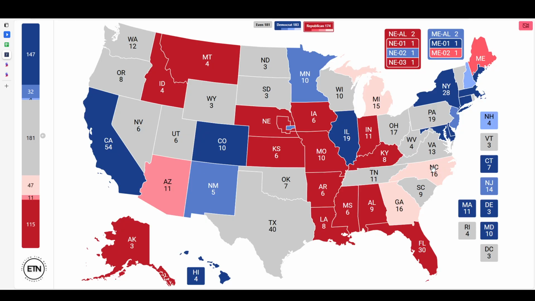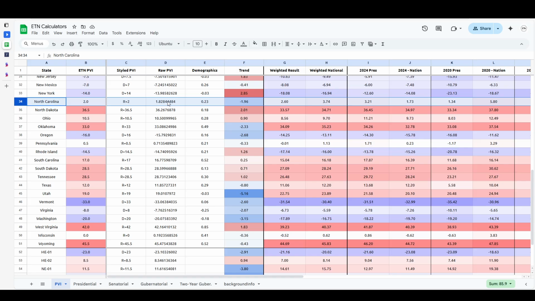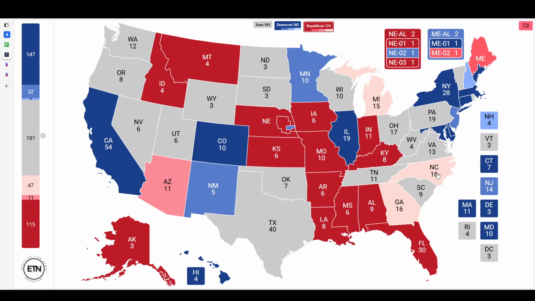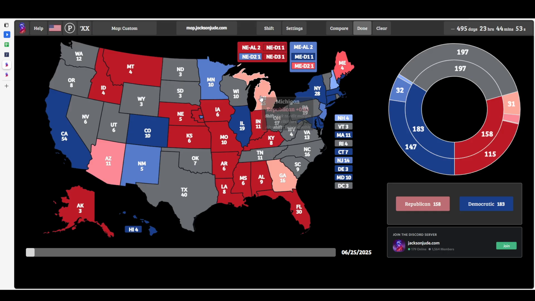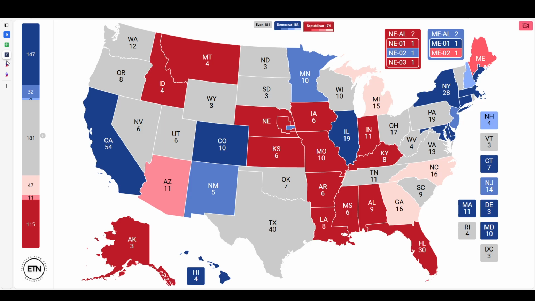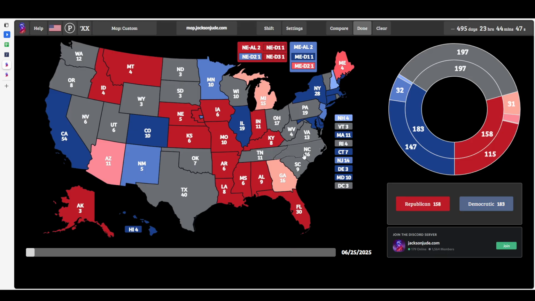R plus 2, since it's actually rounding up to 2, I'm going to have it as the under 2 number here. And also, since it is under 2, I am going to actually include the 10th digit, so 1.8 for North Carolina, just to show that it is, in fact, under 2. So that is going to be the number for North Carolina.